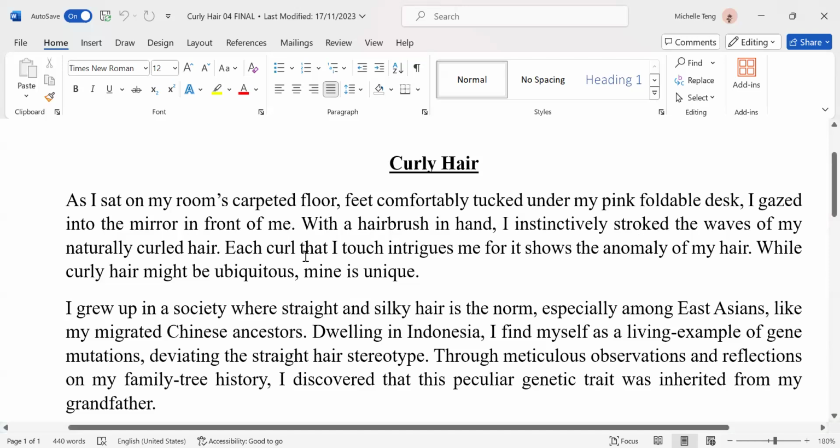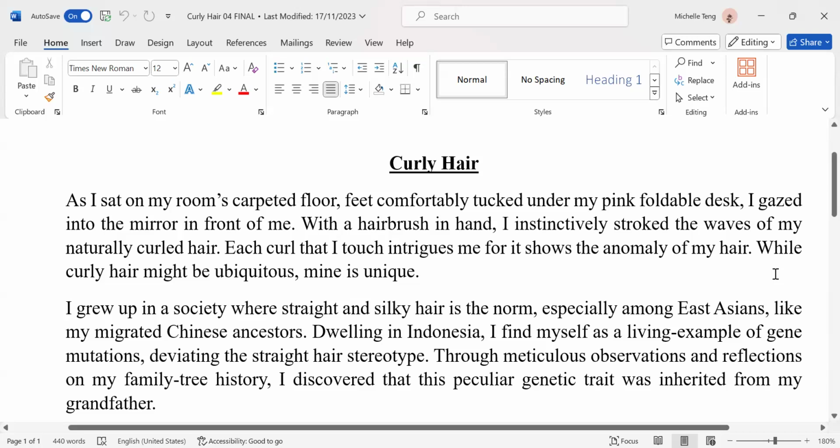With "I touch," we should not add an S because "I" is the subject. But with "intrigues," we add ES, which is the other form of intrigue, meaning that it is interesting. This "intrigues" describes "each curl," which is singular.